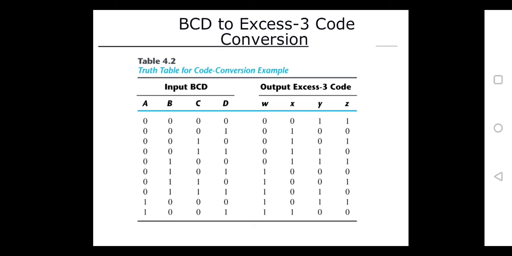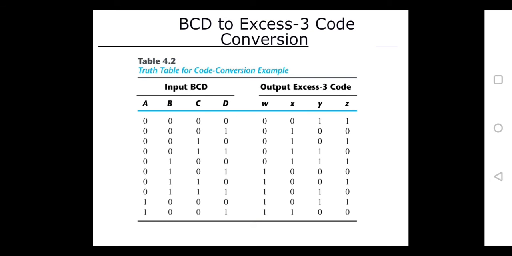BCD is nothing but binary coded decimal, which consists of 10 numbers, and the valid numbers range from 0 to 9, and each number should be represented with a 4 bit binary equivalent. Here the maximum number is 9, and the 9 equivalent is 1001.